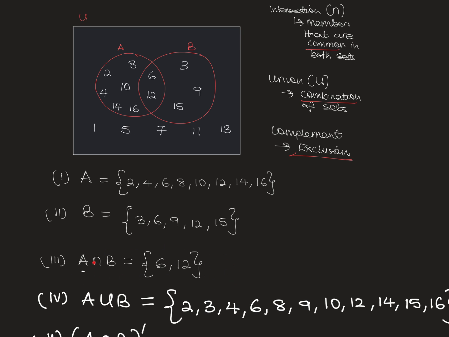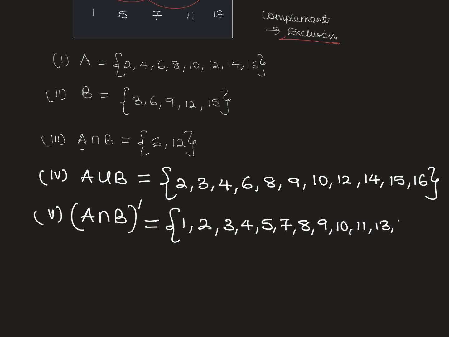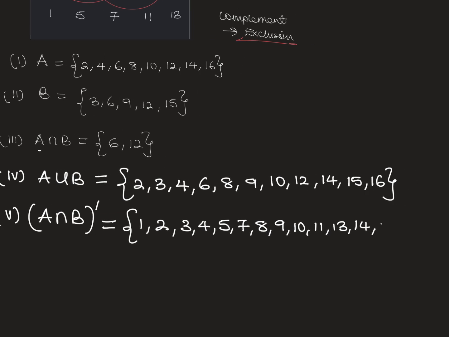And if you look at it from the third question, A intersection B is 6 and 12. So if we complement that, if we exclude that, what are we going to have? We're going to have 1, 2, 3, 4, 5, 7, 8, 9, 10, 11, 13, 14, 15, and 16.